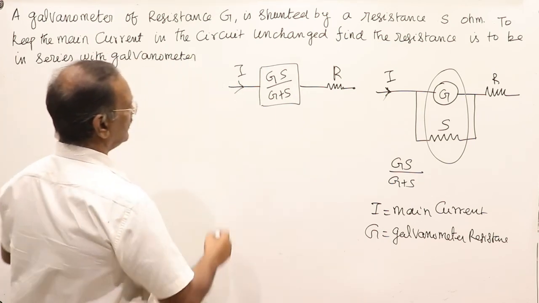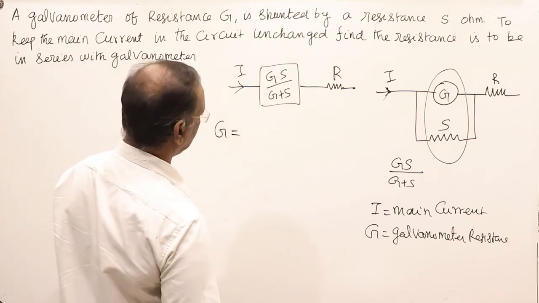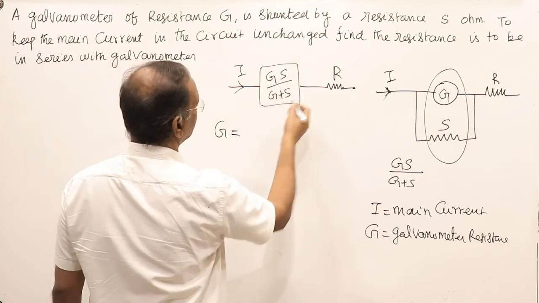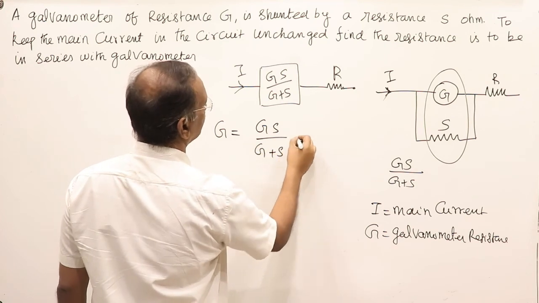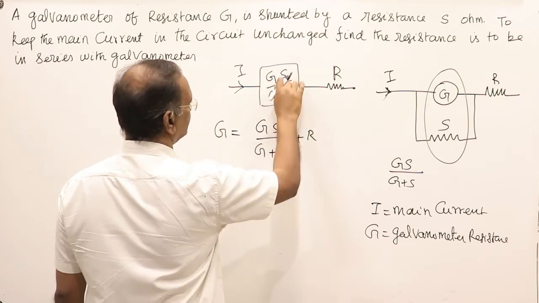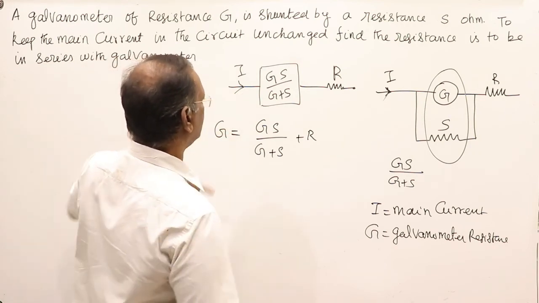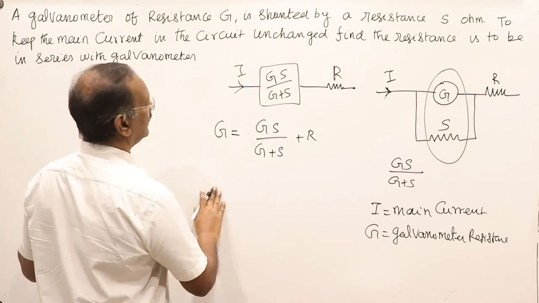The new galvanometer resistance G is equal to GS divided by G plus S plus R. This is this resistance plus this resistance, and this works as a new galvanometer.